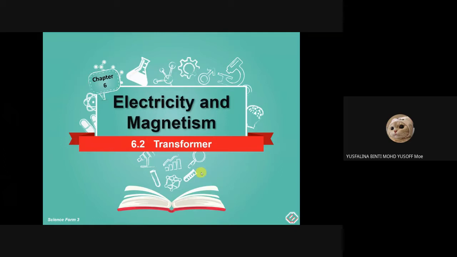Transformer. Remember when we learned about the power plant? After the generator produces the electricity, there is one electrical device that is used to step up the voltage or step down the voltage. Step up means to increase the voltage.